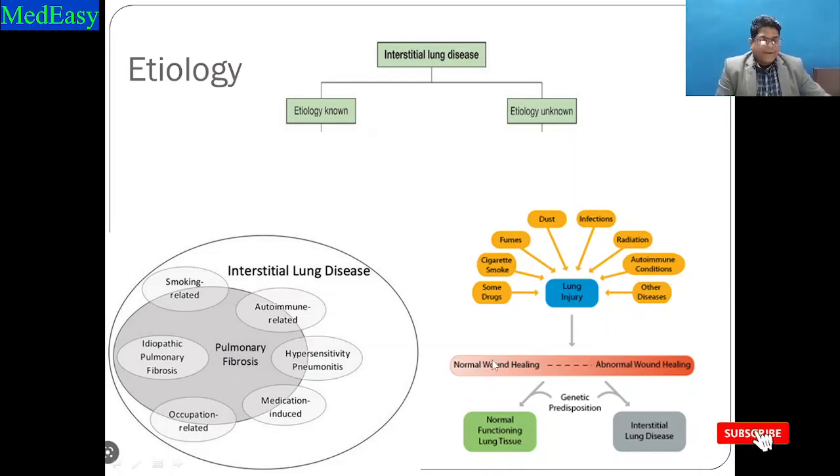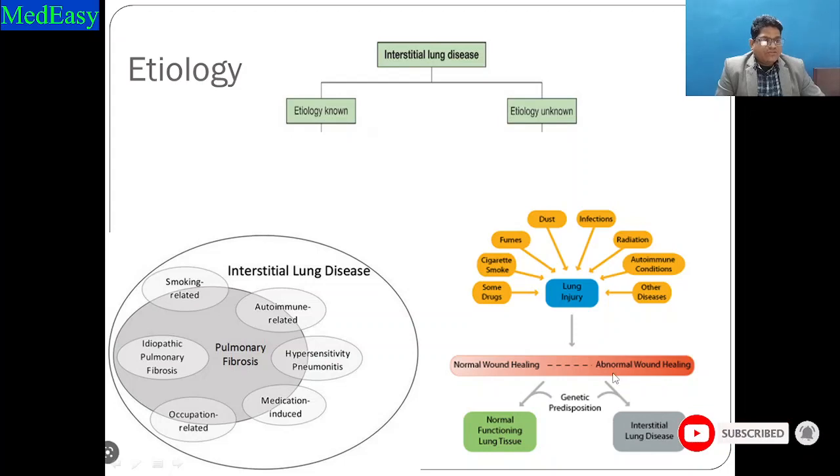All right. Here, to understand: dust, infection, radiation, autoimmune conditions, other diseases, fumes, cigarette smoke, some drugs also, they all cause lung injury. And after lung injury, there is normal wound healing or abnormal wound healing. If there is normal wound healing, then there is normal functioning lung tissue.